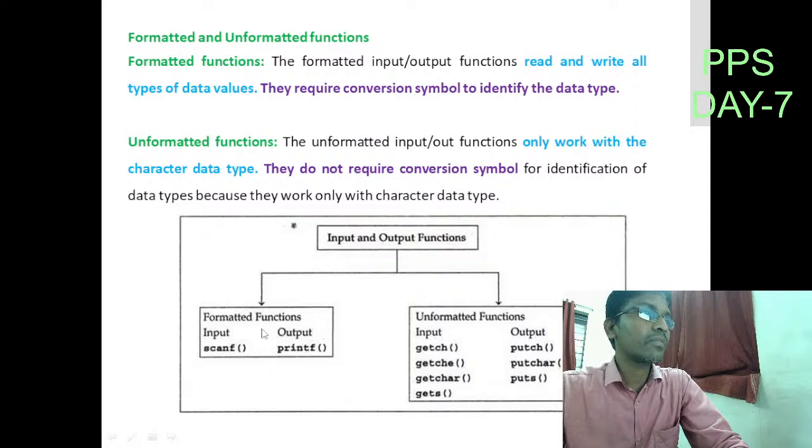The difference is that a formatted function is going to read and write all types of data values. With the help of formatted functions, you can read and write all types of data values, either with a scanf function or a printf function.